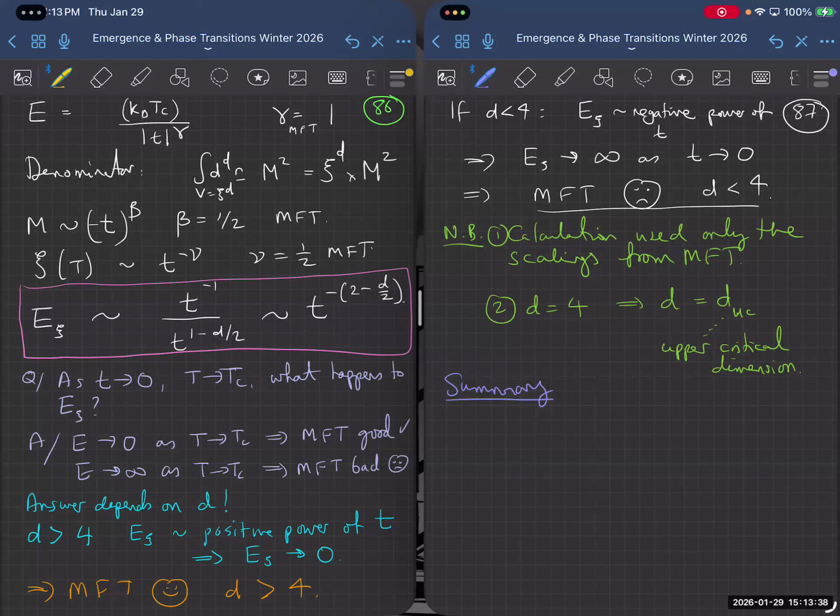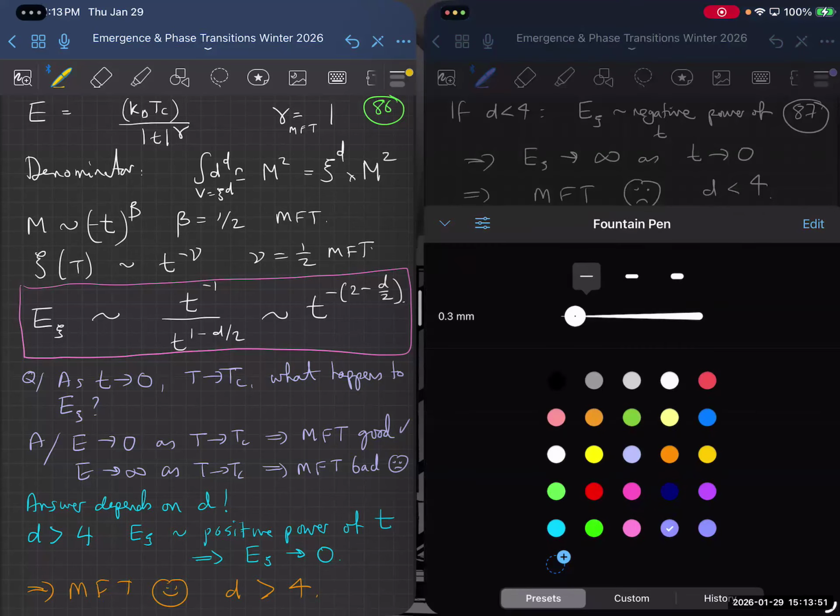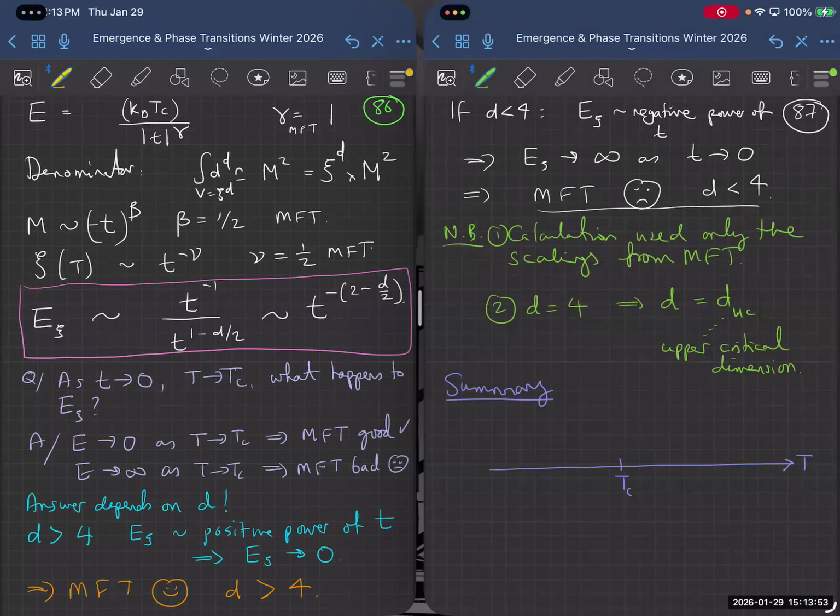Okay, so here's a summary. Here I'm going to draw a temperature axis, and here is the critical temperature. What we've learned is that there's a regime when I get too close to TC where mean field theory doesn't work, where its own error estimate predicts that it fails.